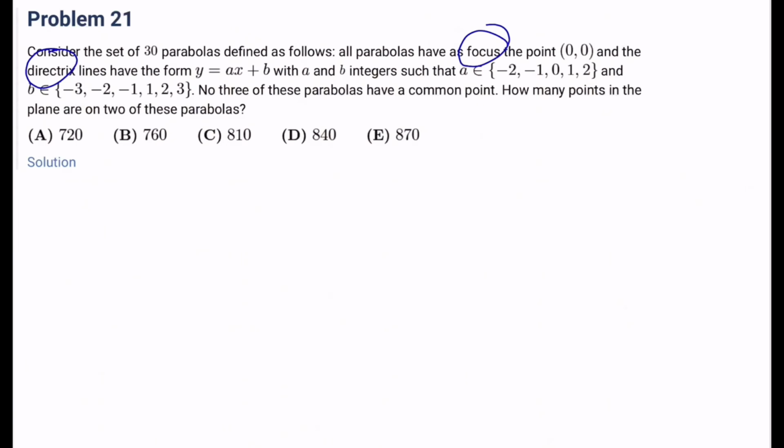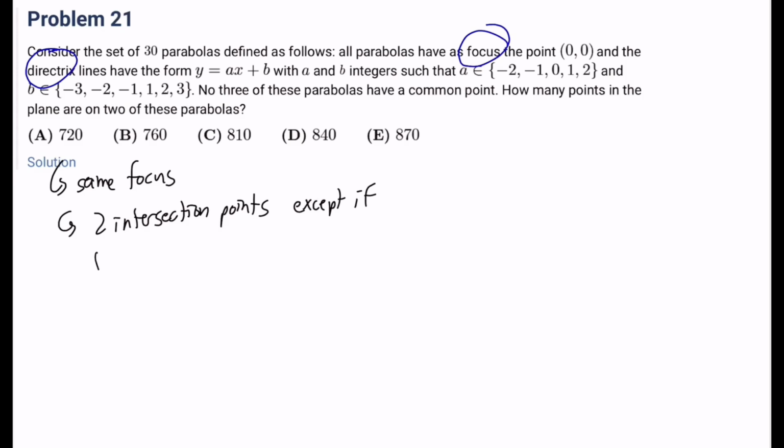Now, first of all, we have to notice that the parabolas have the same focus, at 0, 0. This basically means that there are 2 intersection points for everything except if the directrices are parallel and on the same side of the focus, because the focus is 0, 0.